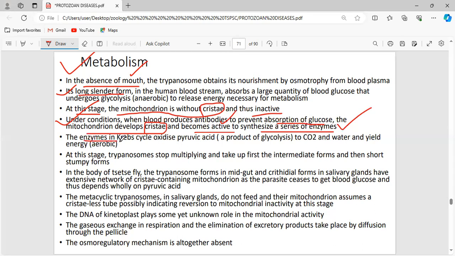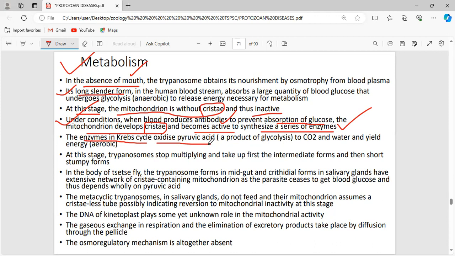See, in the Krebs cycle enzymes, we know that the cytoplasm is the area where glycolysis happens, and the mitochondrion, especially the cristae or the inner membrane, is the area where the Krebs cycle takes place. Now, the enzymes in the Krebs cycle oxidize pyruvic acid. Under glycolysis, the glucose is converted into pyruvic acid.